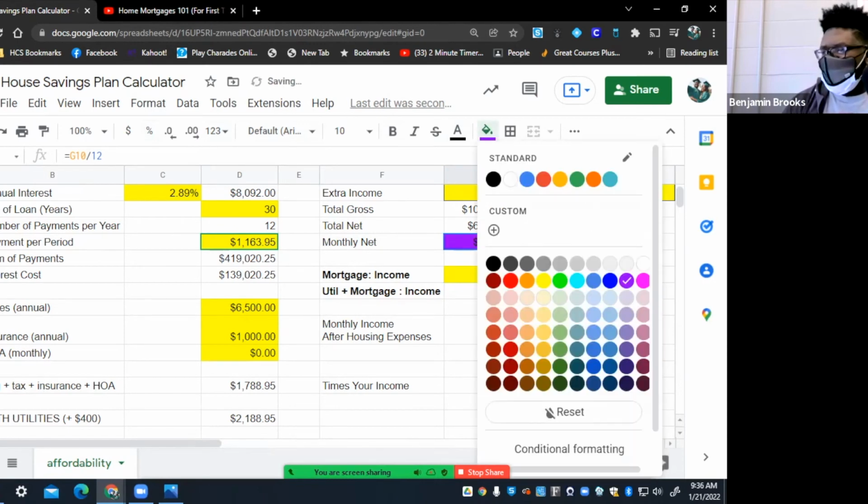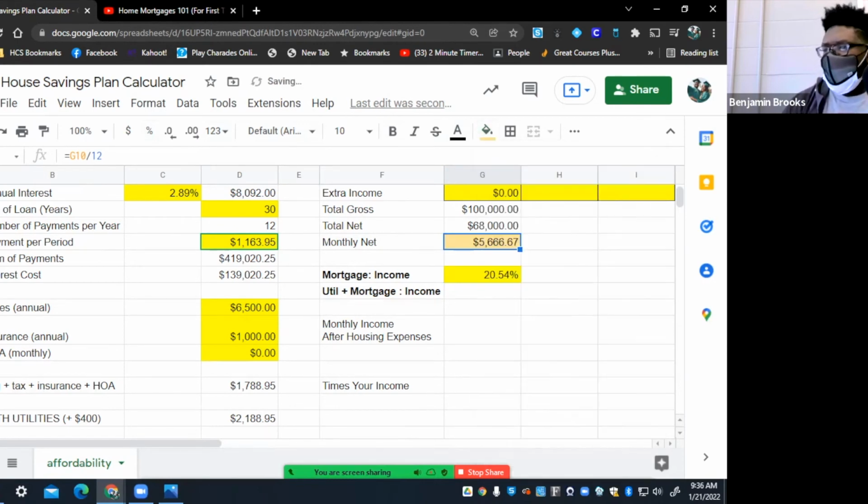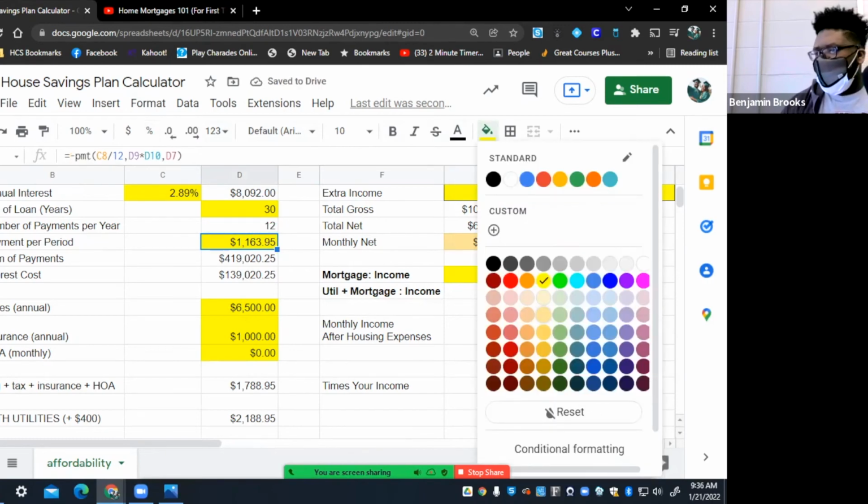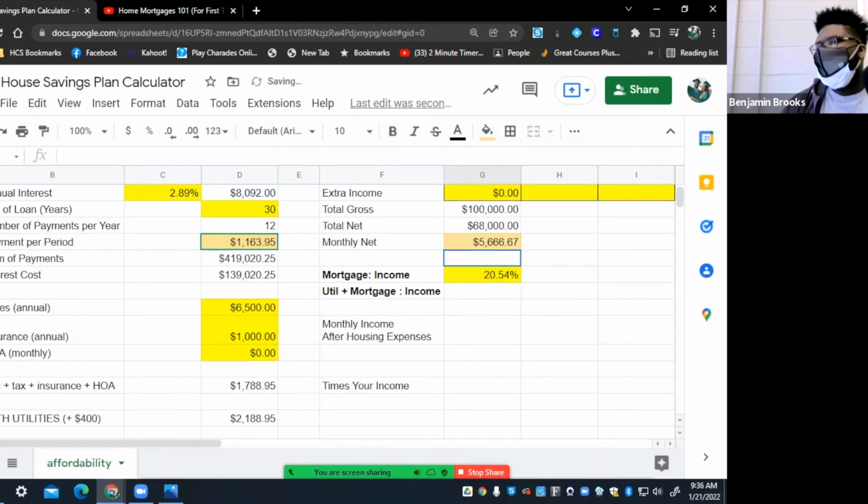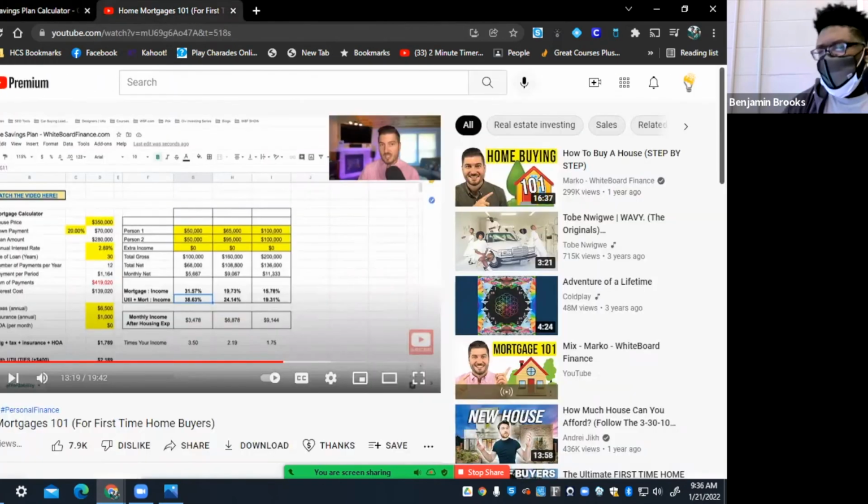Oh, no. Orange, I guess. And like I said, you can customize this however you want. But here we go. Does that make sense? So in other words, you can see that your mortgage is 20.5% of your income.